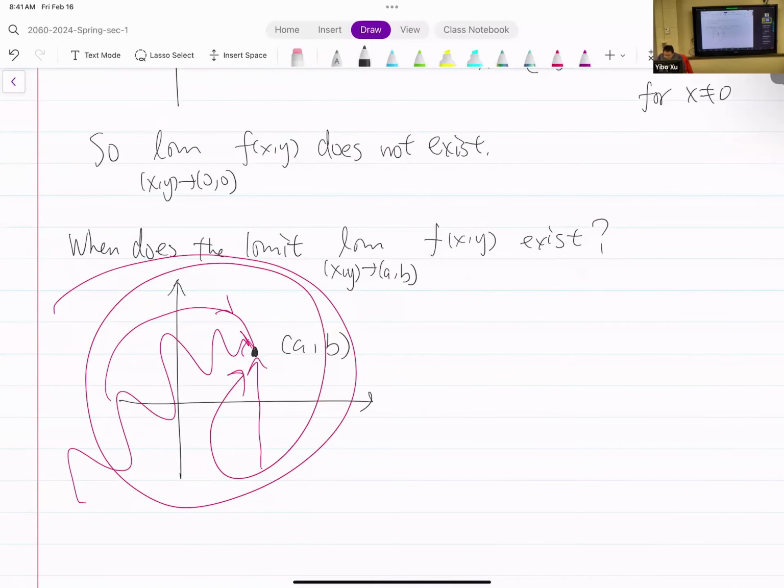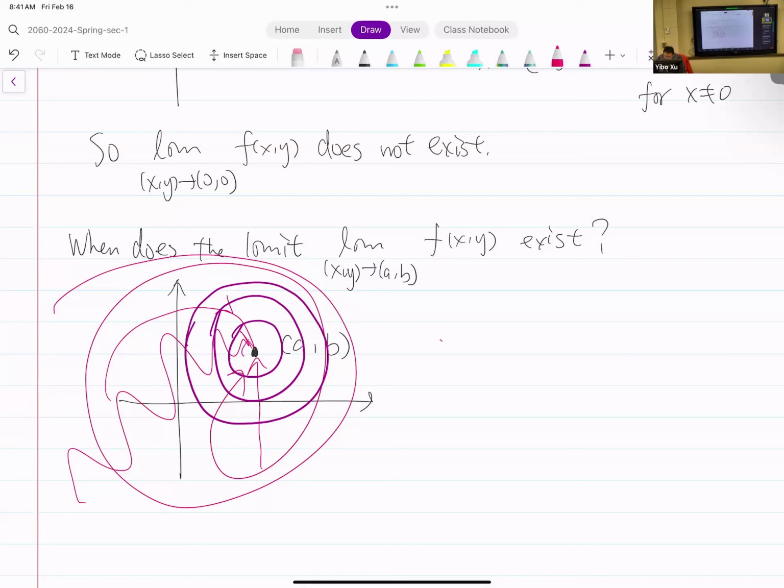When they approach the point AB, it's obvious that they're getting close, right? By getting close, I mean, if you draw different circles that have the center at AB and radii smaller and smaller, regardless of the radius, a path will pass through all these circles towards the solid point at the center, right?